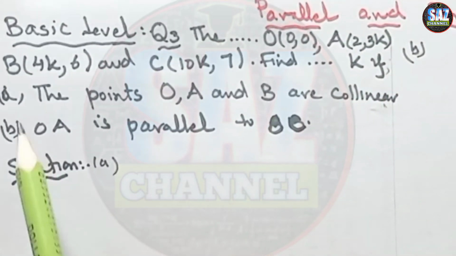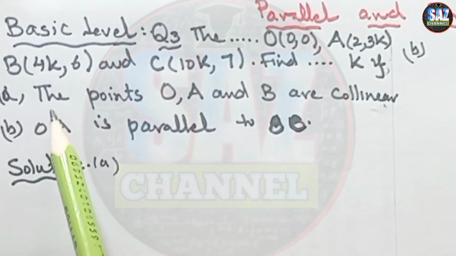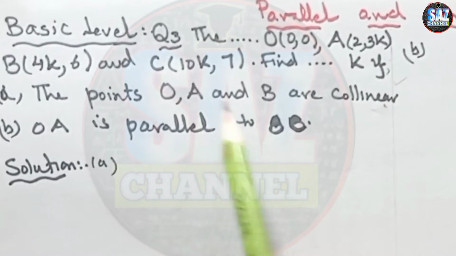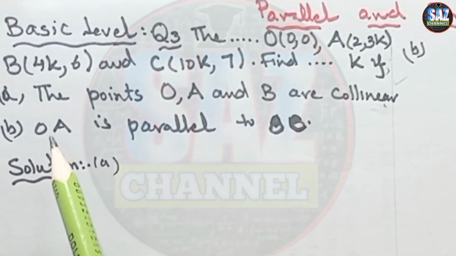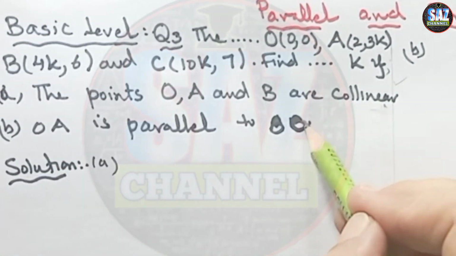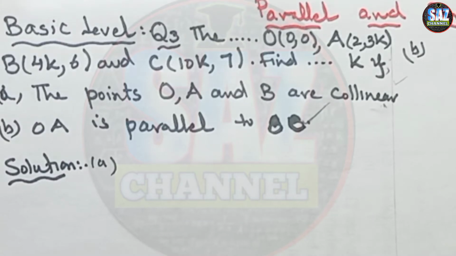Find the value of k under the conditions given below. The first part says the points O, A and B are collinear. The second condition is that we have to find the value of k again when OA is parallel to BC. So let's talk about each part one by one.